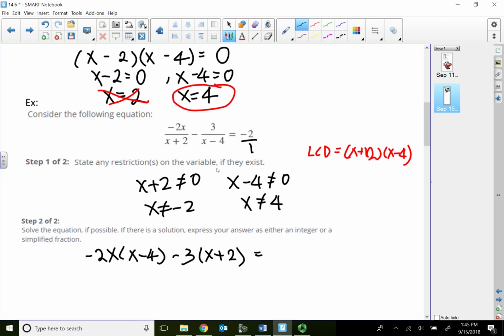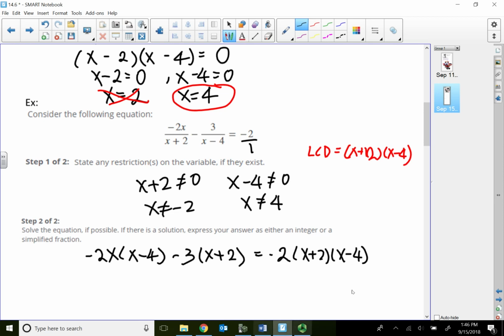The second denominator does not have x plus 2, so we take that times the numerator equals negative 2 times. Well, the third denominator is missing both of these, so nothing will cancel out with the 1 in the bottom when I take the LCD times the negative 2. So that would just be negative 2 times x plus 2, x minus 4.